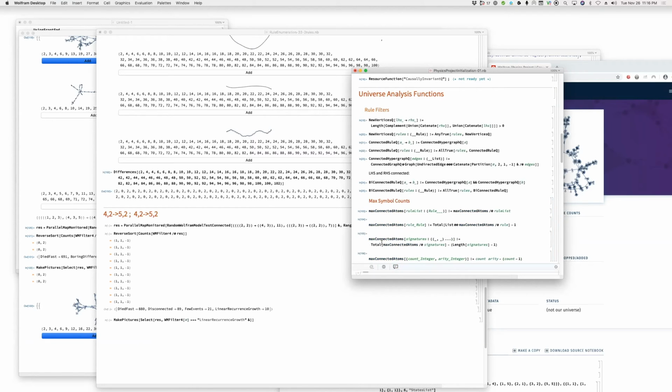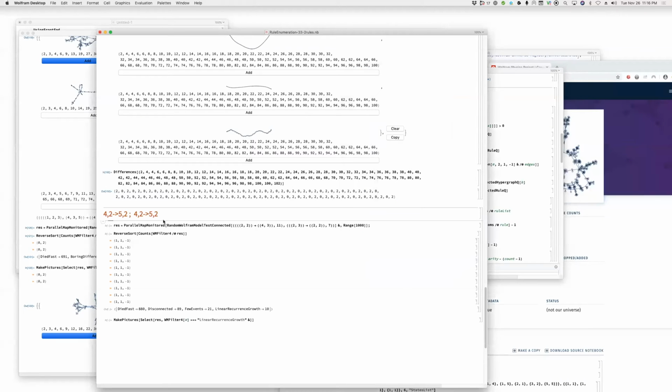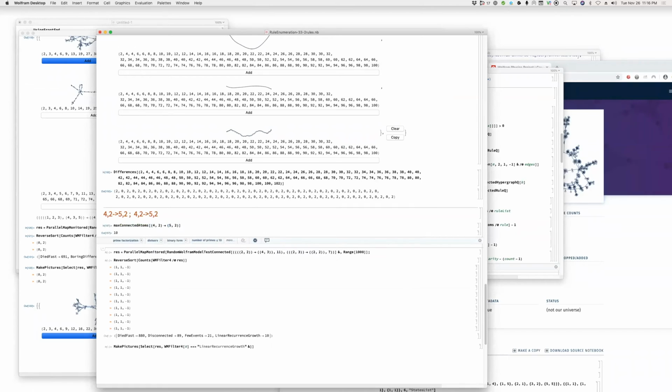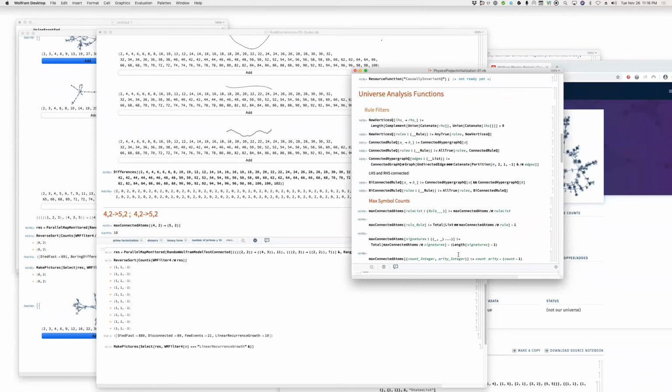What do I call to get it? What am I looking at? Well, max connected atoms of anything. Either one rule, multiple rules, or just a single signature. Well, you need to put those in a list. You don't have to. I could see you have a pattern for that case, each signature.